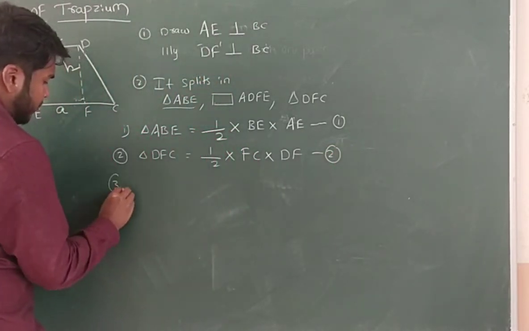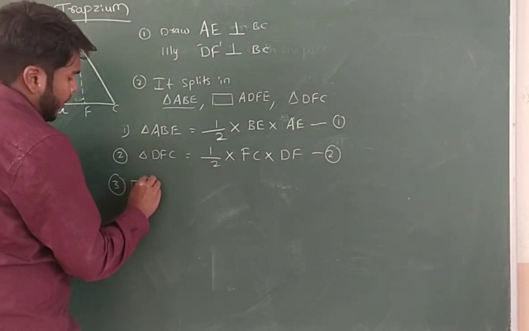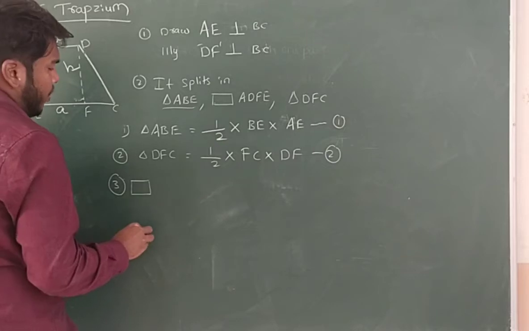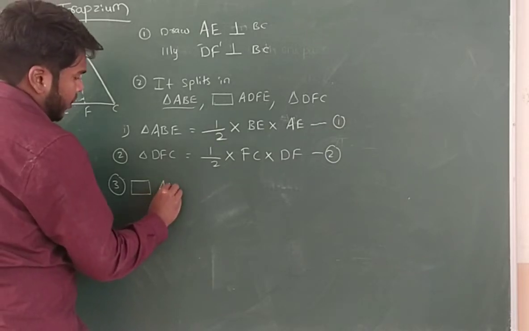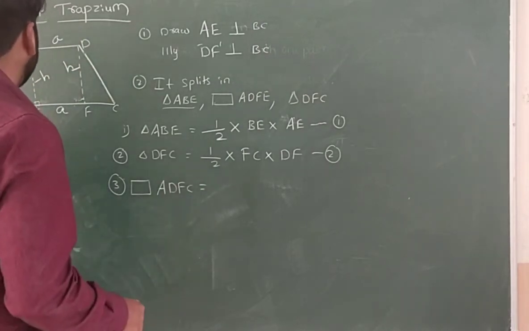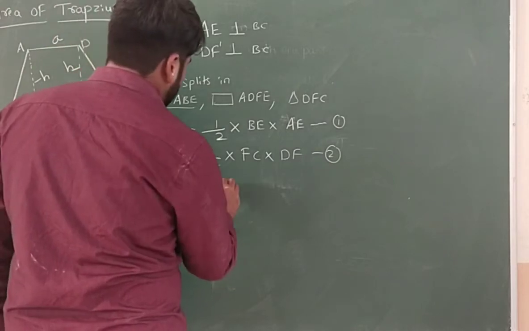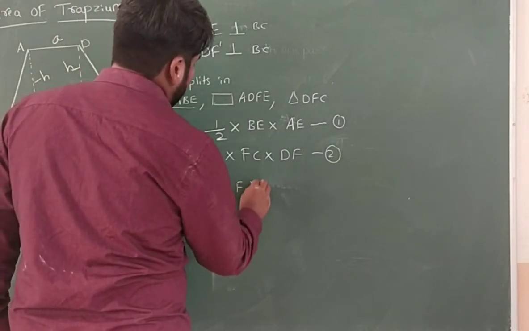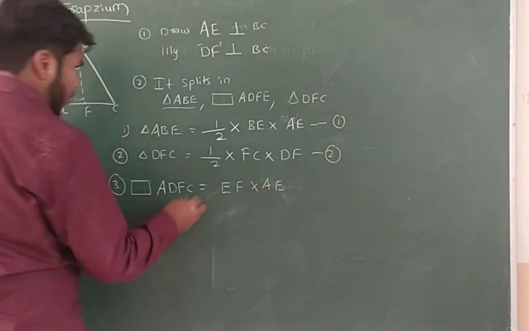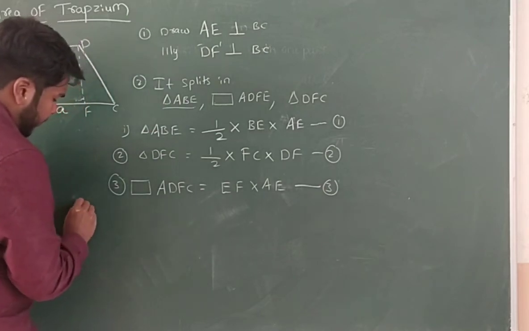Similarly, third one, that is area of rectangle or parallelogram ADFE, that is base into height, that is EF into AE. Okay, so now add equations 1, 2, 3 to find the area of trapezium.